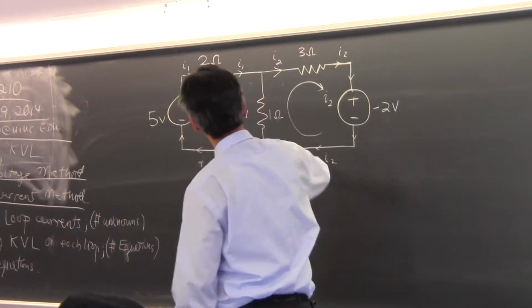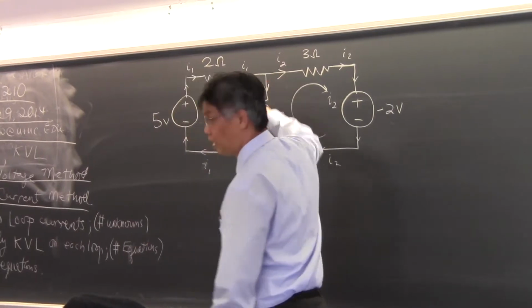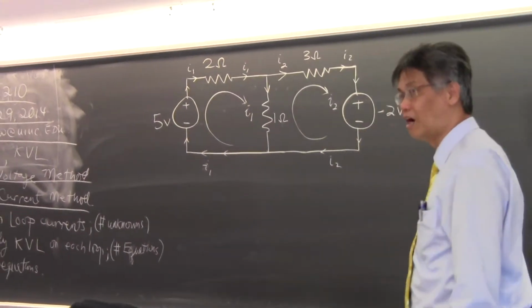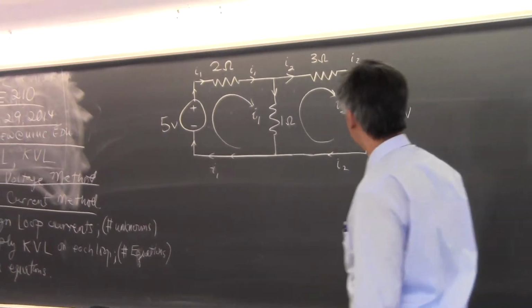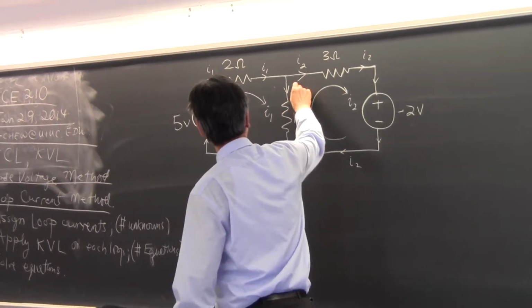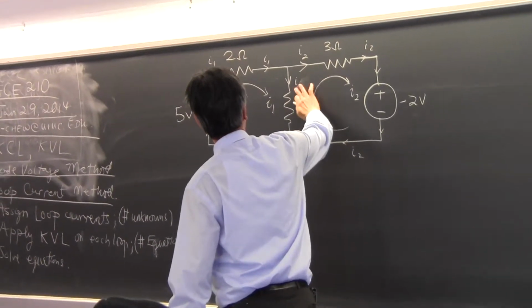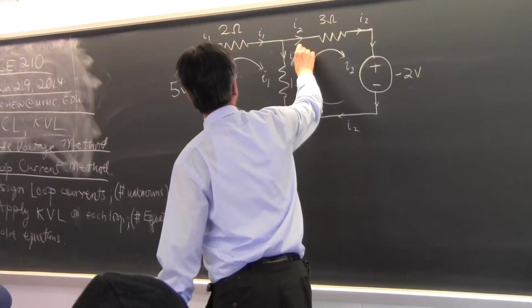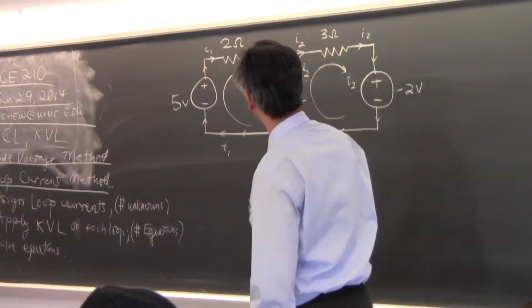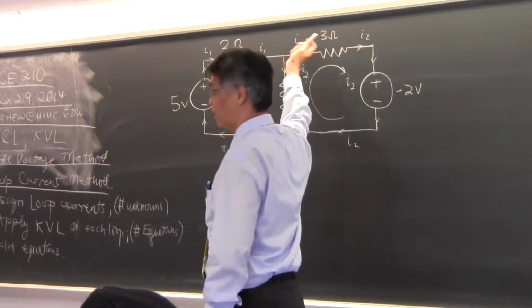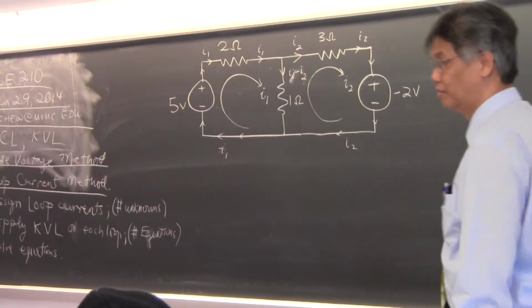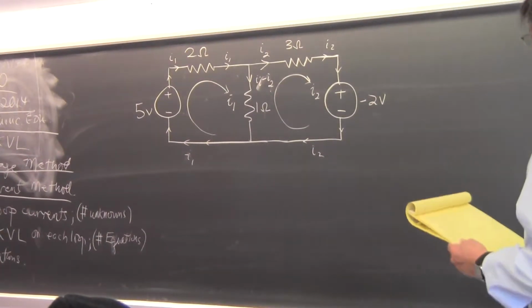And in this branch over here, you have the 2 loops flowing in the opposite direction. So the current that's flowing down is I1 minus I2. Okay, I1 minus I2 is what it means. So you get all the currents on the branch.